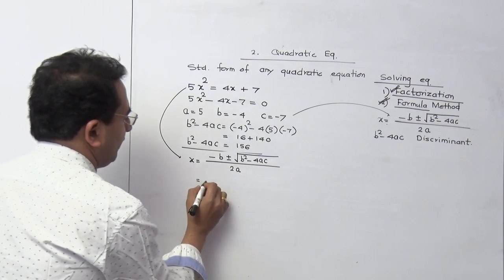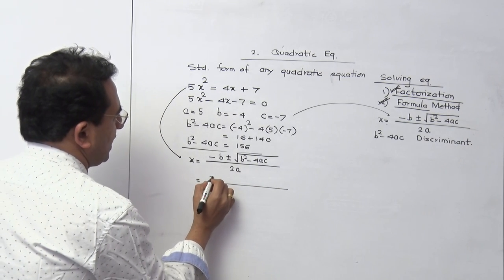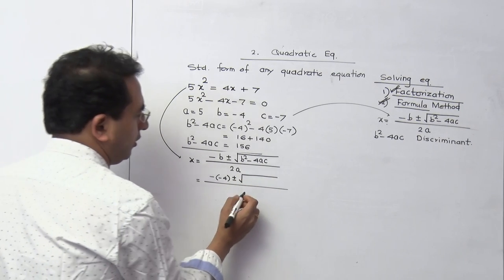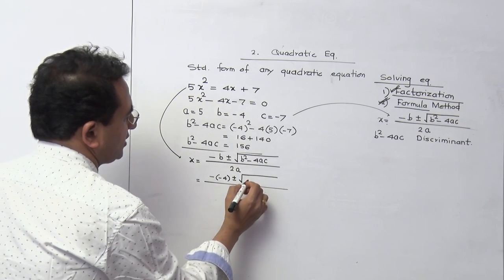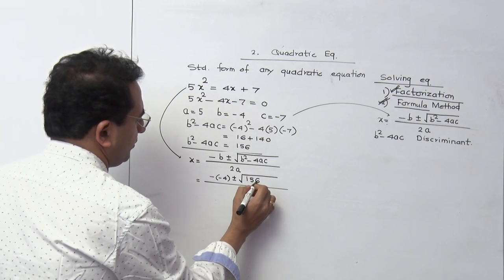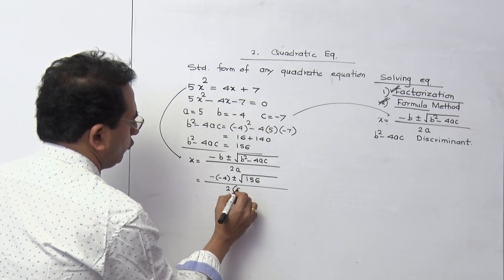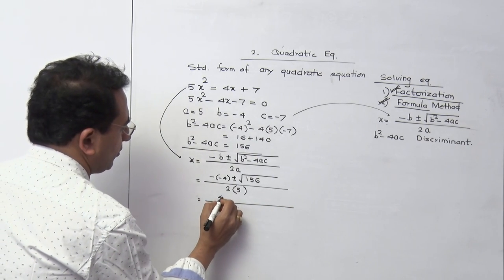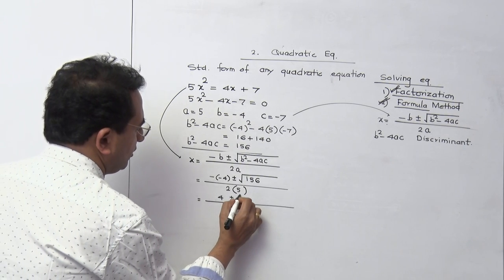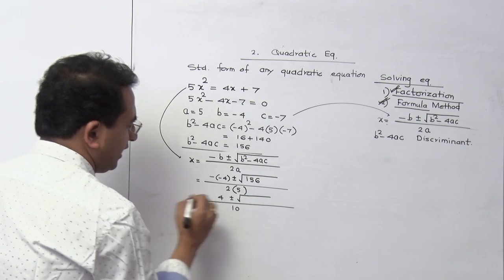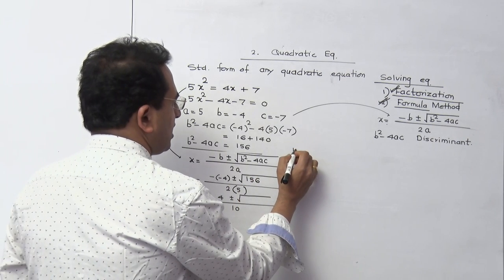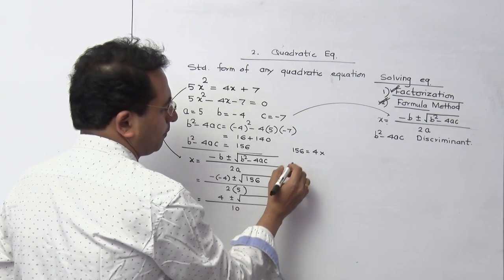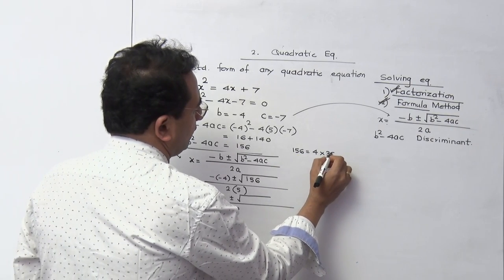Now when you substitute the values, it is minus of minus 4 plus or minus square root of b square minus 4ac, the answer we have calculated as 156, upon 2a, that is 2 into 5, which can be further written as plus 4 plus or minus square root of 156 upon 10. Now that 156, I will do it like this. First divide by 4. So it is 4 3s are 12 and 4 9s are 36.